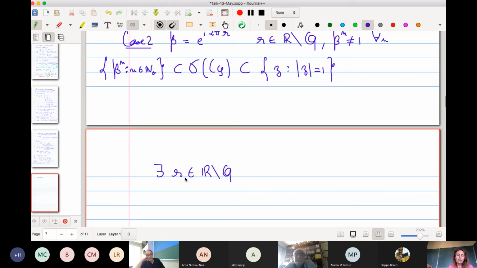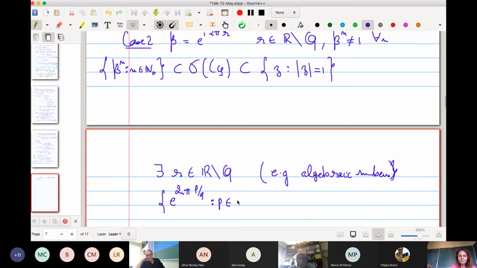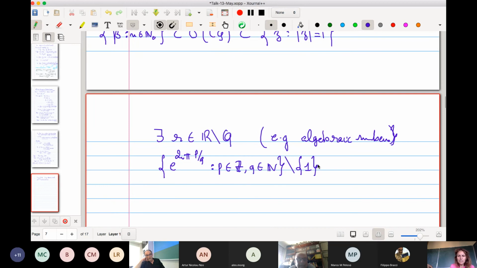So we can find explicit examples, for example algebraic or Diophantine numbers, for which all the points on the unit circle of the form e to the 2i pi times a rational, provided it's not 0, so we avoid 1, are in the complement of the spectrum.